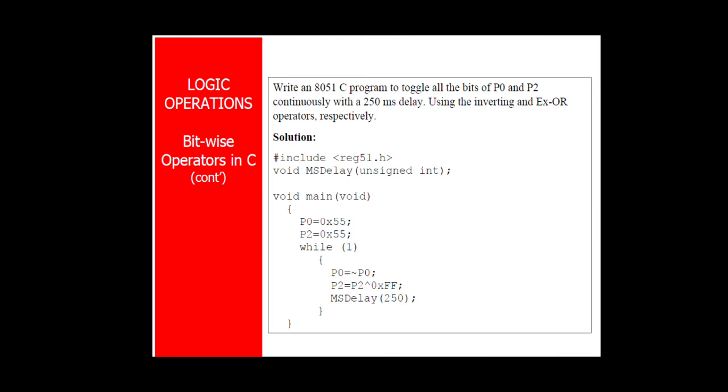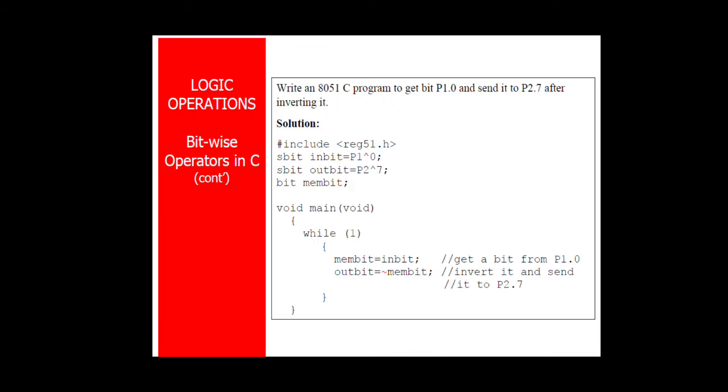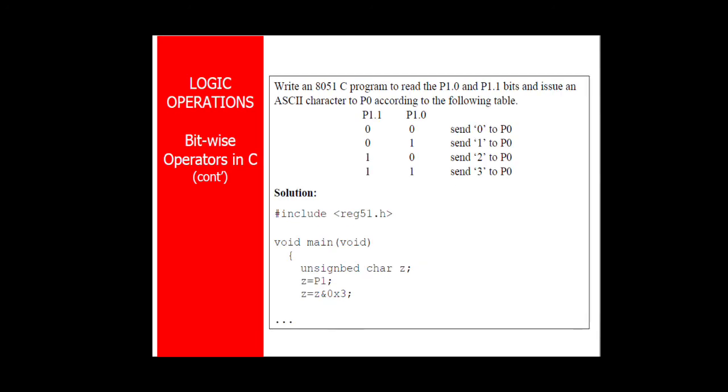If you know the result of XOR operation, the result will be true only when the operands are different. If the operands are the same, the result will be false. Using that concept it is written, you can observe the output in P0 and P2. Next, go through these examples on your own, they are all similar.